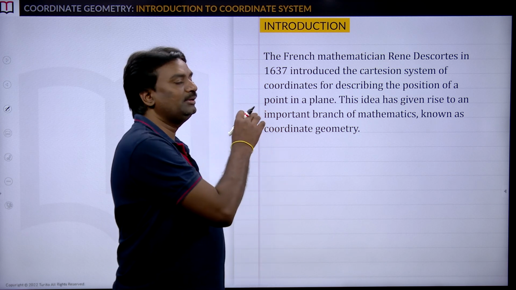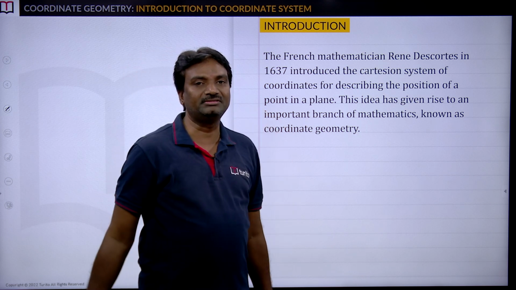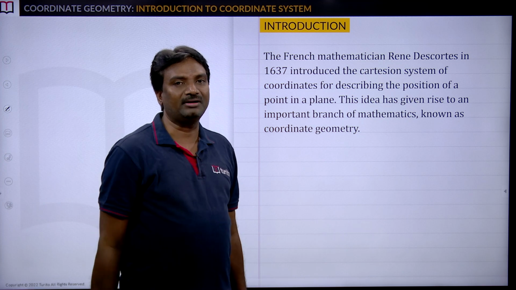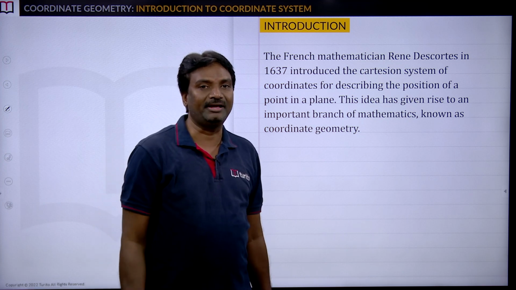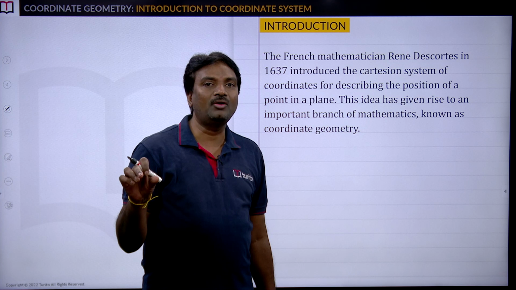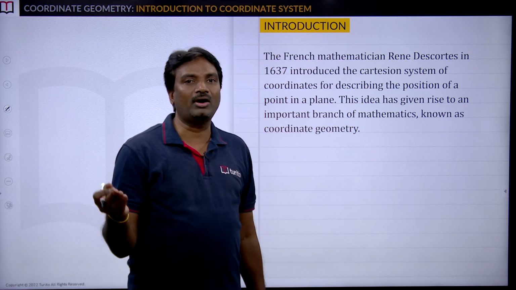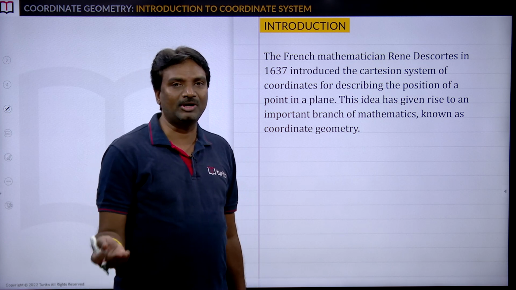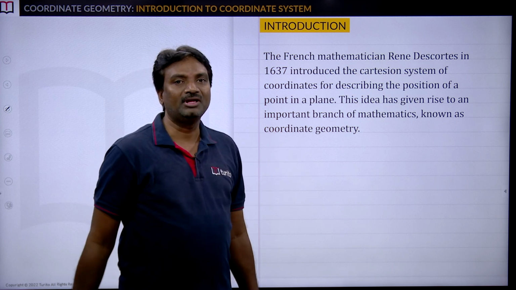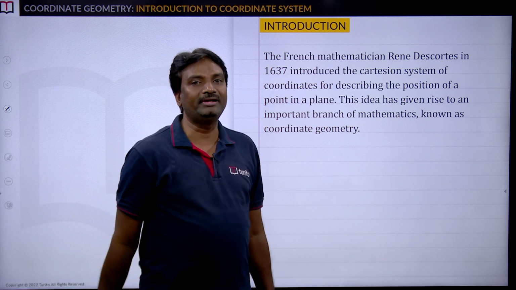A plane is nothing but, if you take this board, this is a plane. If you take a paper, that is also a plane. On that plane, we have to keep one point. To keep that point on a paper or on a blackboard or on a laptop screen or on a TV screen, we have to use coordinate geometry.